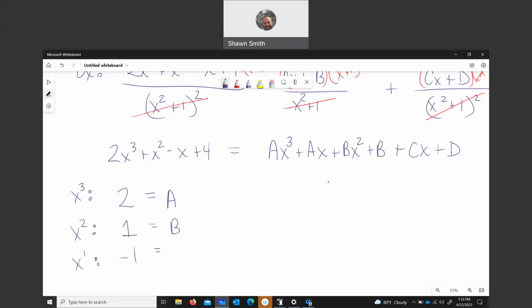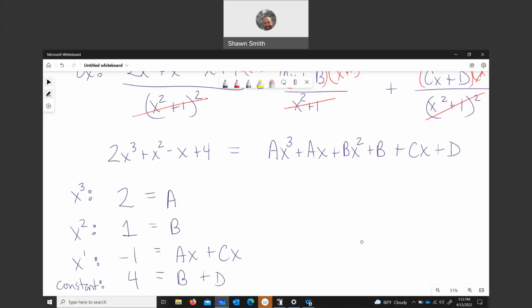Over here, x to the first, ax. No bx term. We have a cx term. And constants. We've got a plus 4 on the left. X cubed, x to the first, x to the second, x to the 0 right here. There are no x's, so it's b plus d.